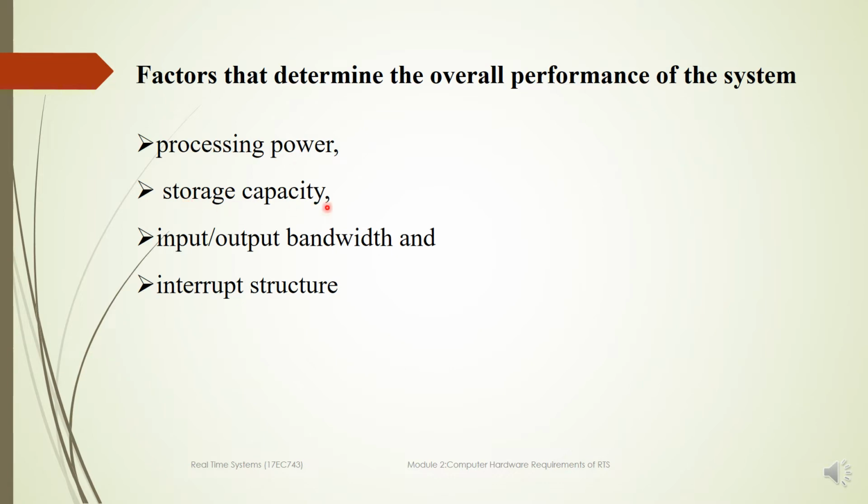Storage capacity tells you what amount of data a storage device can hold. It is basically measured in kilobytes, megabytes, gigabytes and terabytes, and it can be stored in optical disks and magnetic disks and so on.